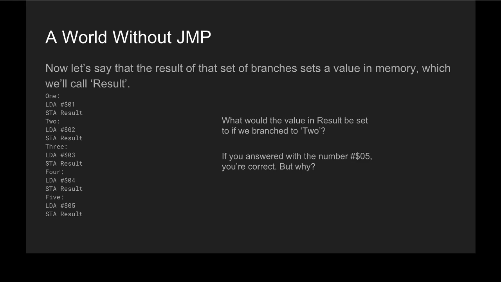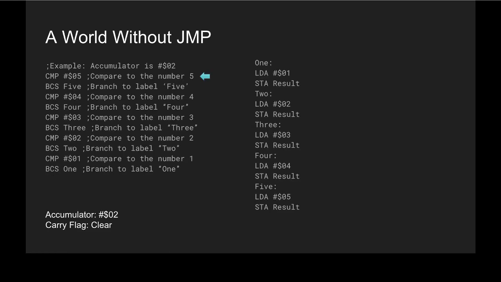But why is that? Why would it be 5? So, going through the code, we start out comparing to the number 5. The number's less than 5, so carry stays clear. Therefore, we don't need to branch. We compare to 4. Then we compare to 3. Then we compare to 2. Notice, carry is set now because that's the number we're comparing to.